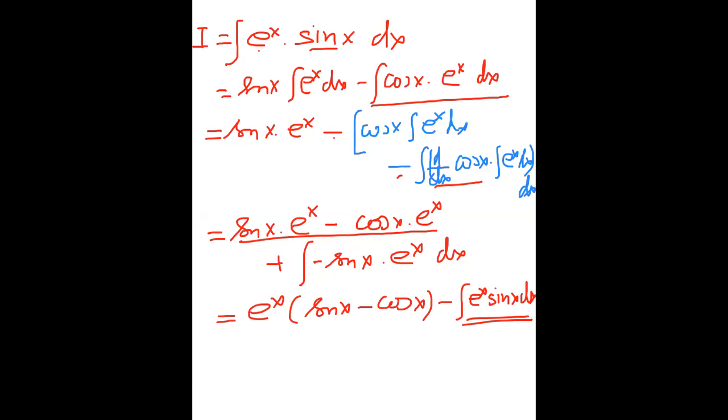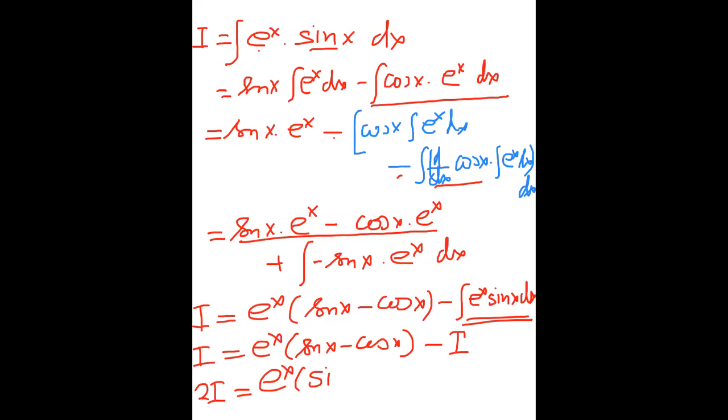So I could write it also I. So I is equal to e to power x sin x minus cos x minus I. Now I'm taking I on the other side. 2I is equal to e to power x sin x minus cos x plus c. Divide by 2 on both the sides. We'll be getting the final answer.